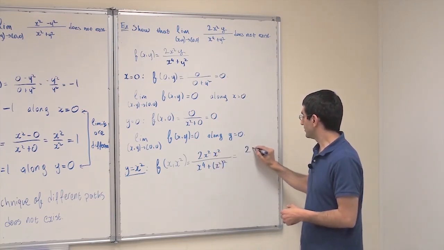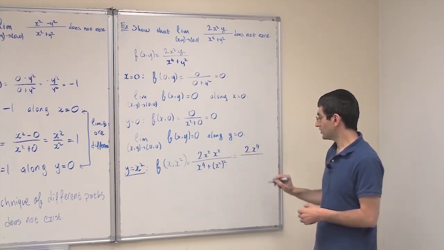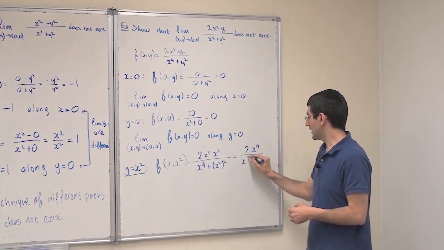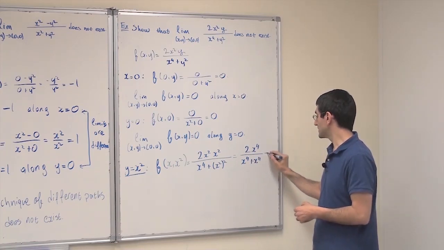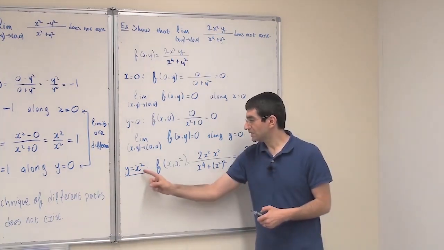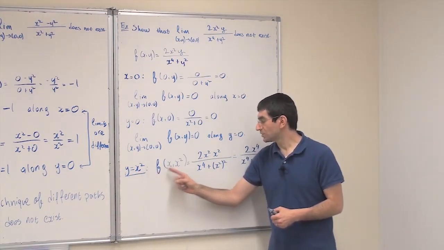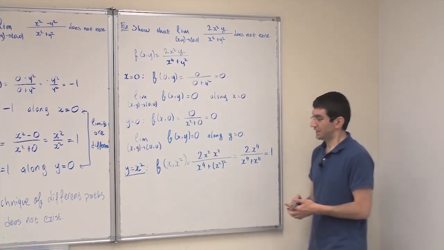In the numerator, we will have 2 times x to the power 4. In the denominator, we will have x to the power 4 plus x to the power 4, which simplifies to 1. So along path y equals x squared, our function is always equal to 1.